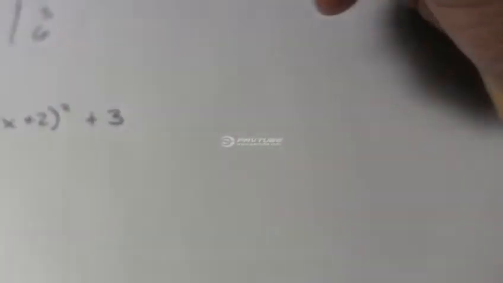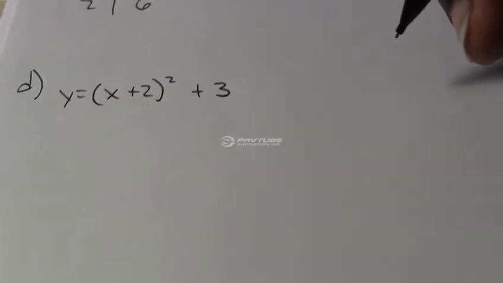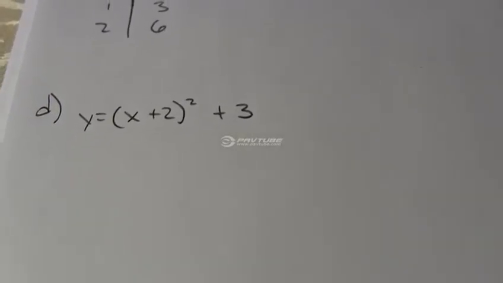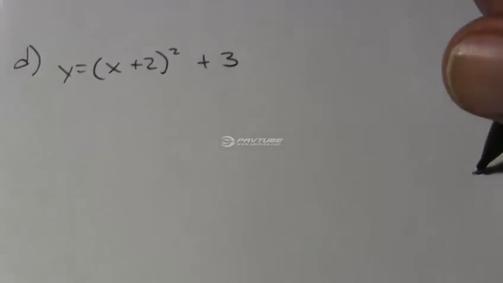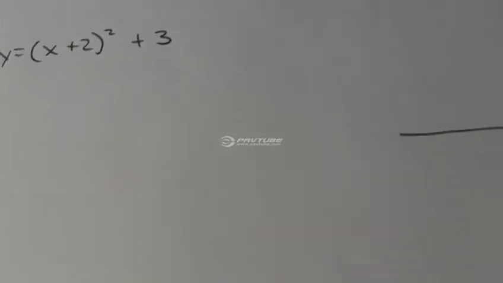So now, D, I don't even know where I put it. There it is. Sorry. D: y is equal to (x plus 2) squared plus 3, which is a combination of the two. So what would you expect to happen? And I'm just going to make this as big as possible because I didn't work this out ahead of time, so I don't know exactly where it's going to land.